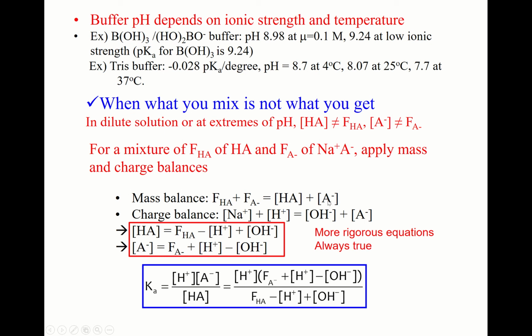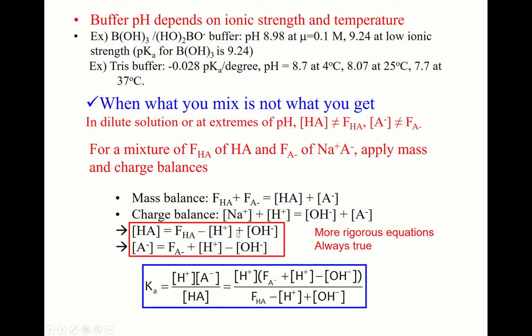Another equation is the charge balance equation, which is this one. The sum of the positive charges is the same as the sum of the negative charges. From these two equations, you can write the equilibrium concentration of HA using the formal concentration of HA and the proton and hydroxide concentrations.